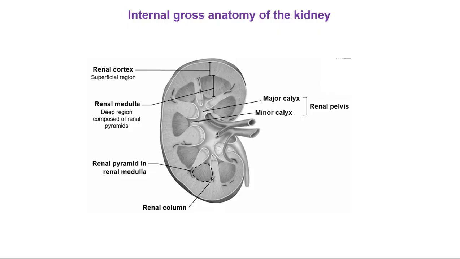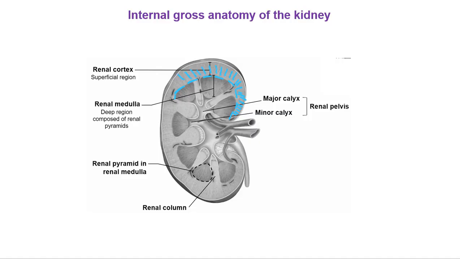Now let's cut the kidney and take a look at the inside of the kidney, this amazing organ. We can divide the kidney into three parts. The outer region, which is the superficial region, is called the cortex. Here, let me color it blue.